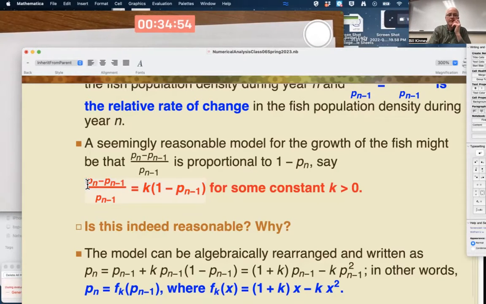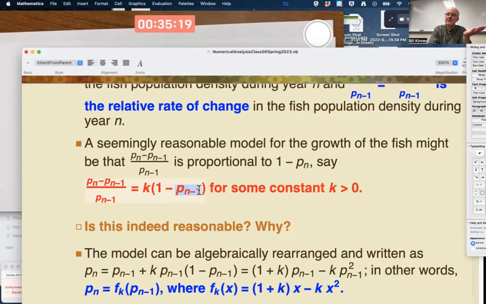This is a growth rate as a percentage. It should be a large percent growth rate if the fish population is small. There's so much room for growth. There's a lot of food. 1 minus 0.01 is going to be 0.99, a relatively large number.